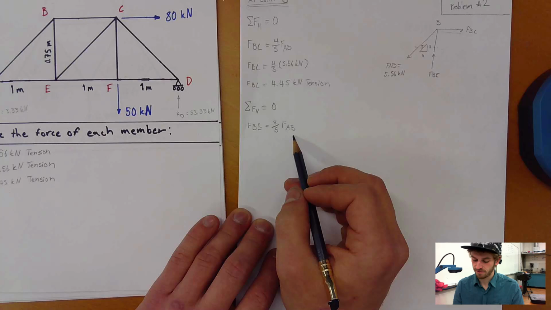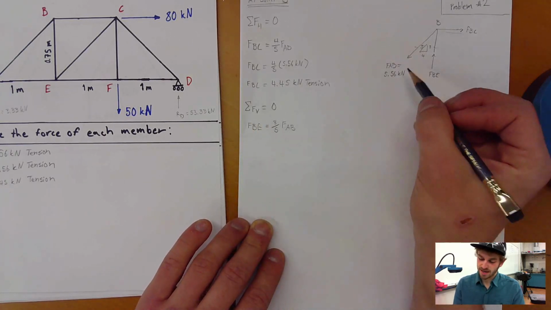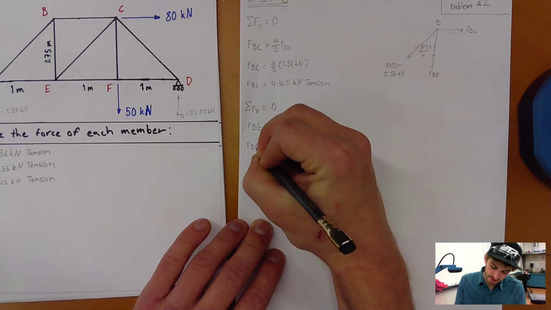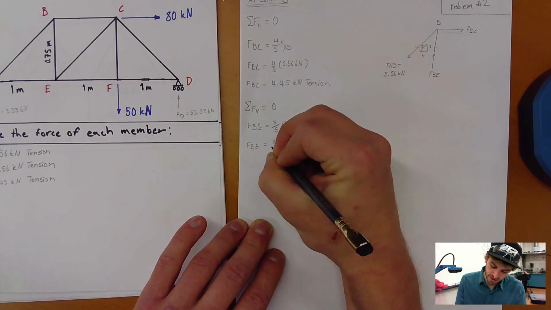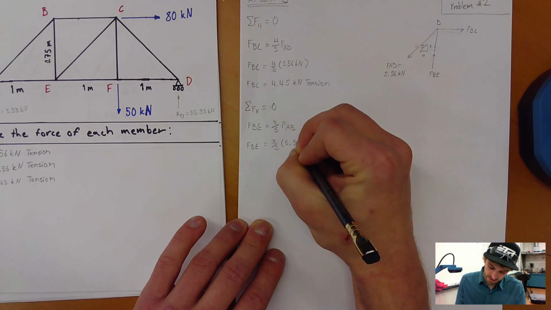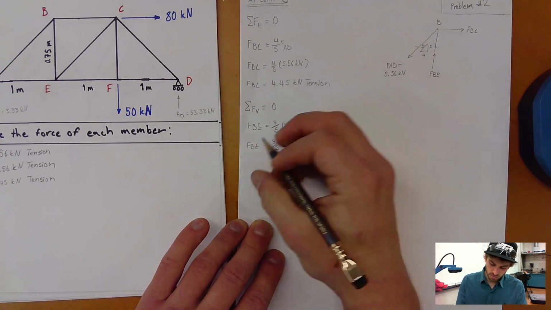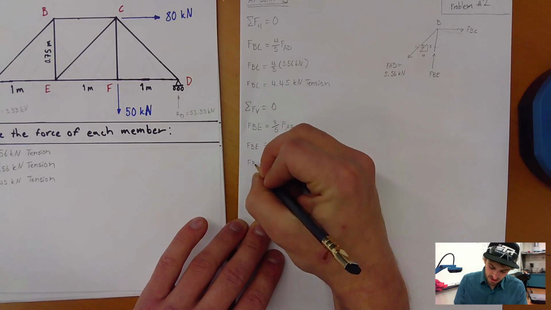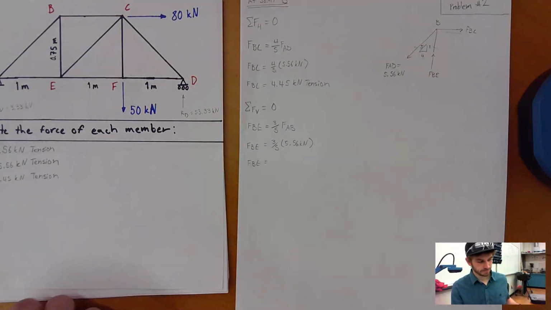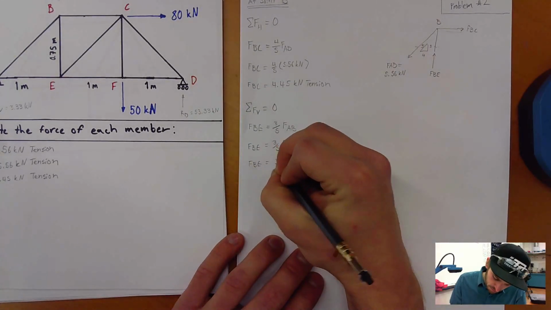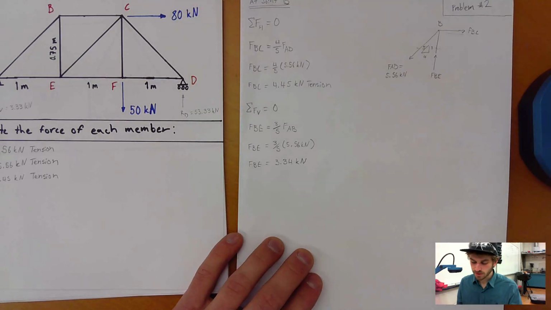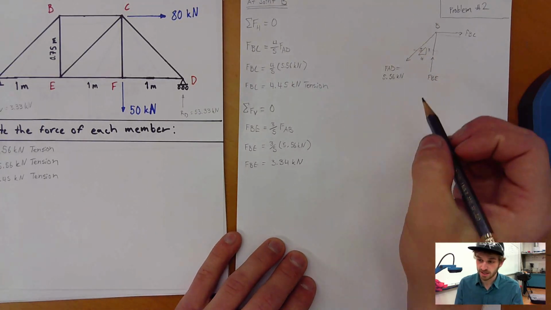So 3/5 FAB will equal it, and we know FAB, so FBE is equal to 3/5 times 5.56 kilonewtons, which means FBE is equal to 3.34 kilonewtons in the opposite direction, in compression.